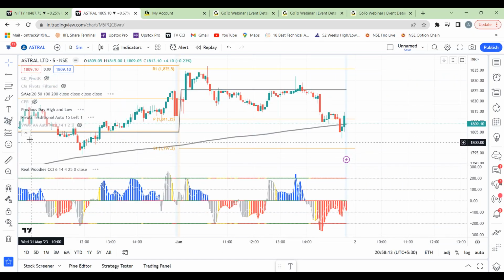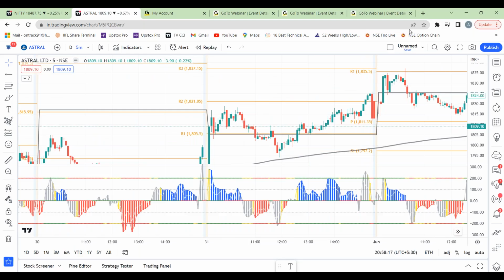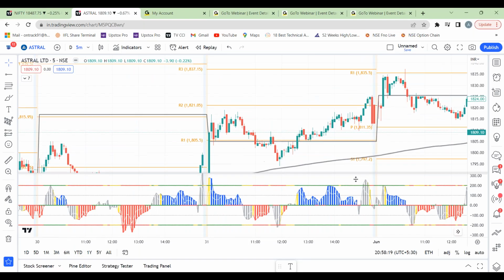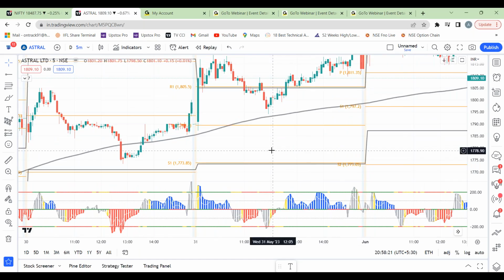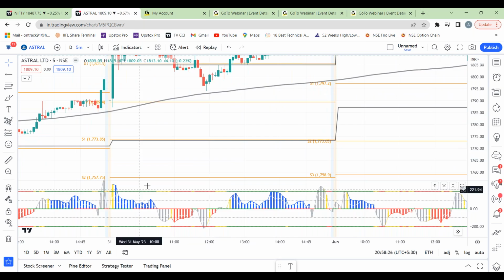I will discuss trade examples so that your understanding becomes easy. First, let me explain this Woodies indicator, then I'll go to the trade entries. Now, this is the Woodies indicator which you are seeing.